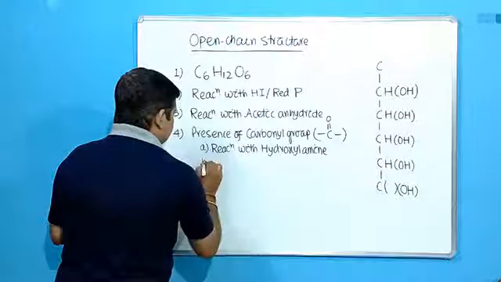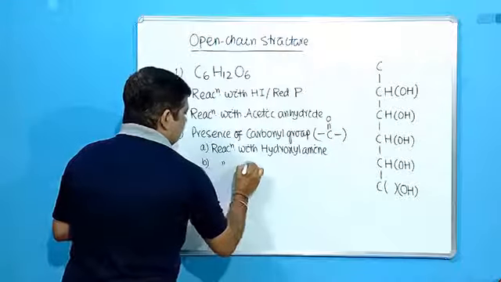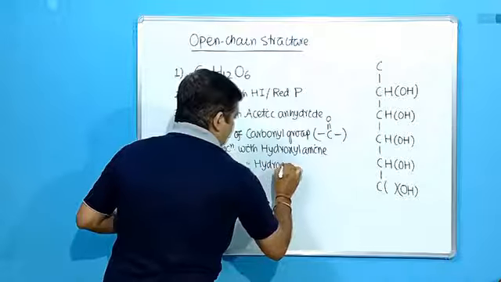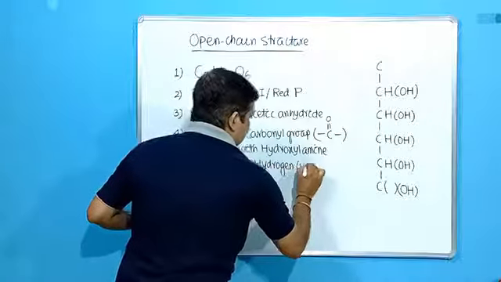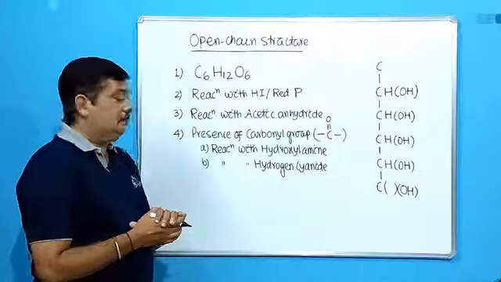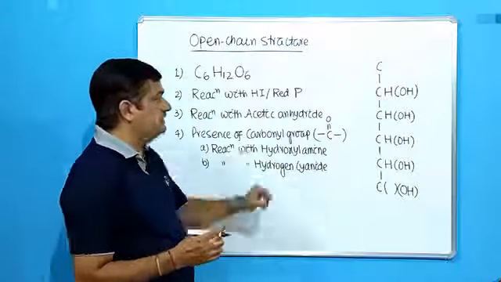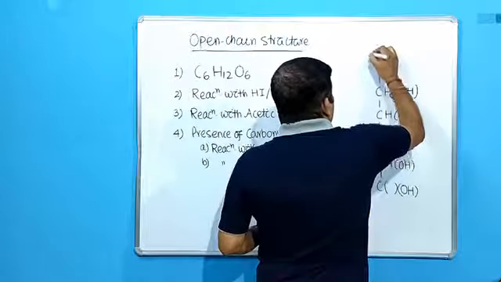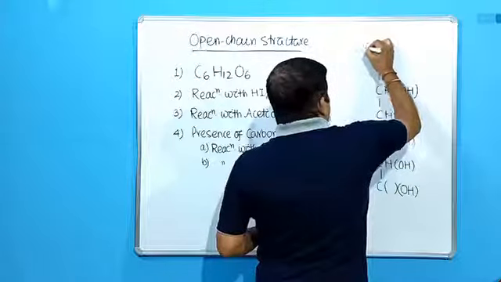The second is the reaction with hydrogen cyanide, HCN. These two reactions confirm that glucose contains a carbonyl group, like this.